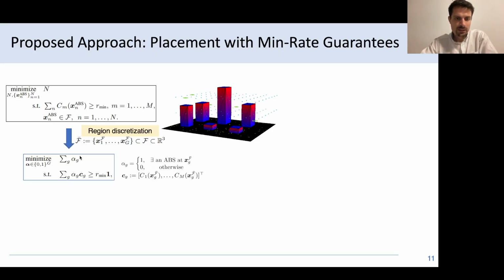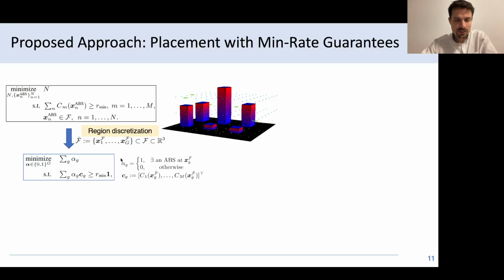And if we do so, we can rewrite this problem in this way, where we have defined this variable and this vector for every grid point G. So alpha G is 1 if there is a UAV at grid point G, and it is 0 if there is no UAV at that grid point.